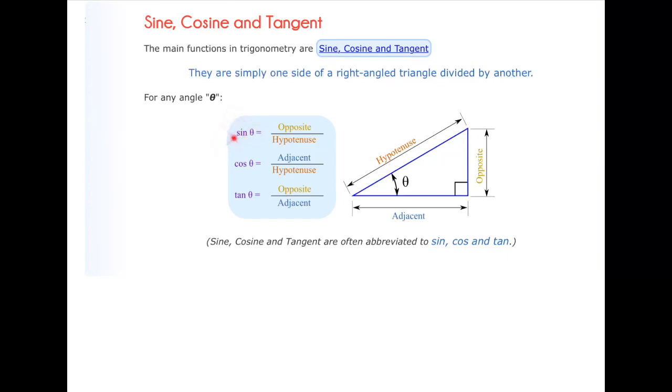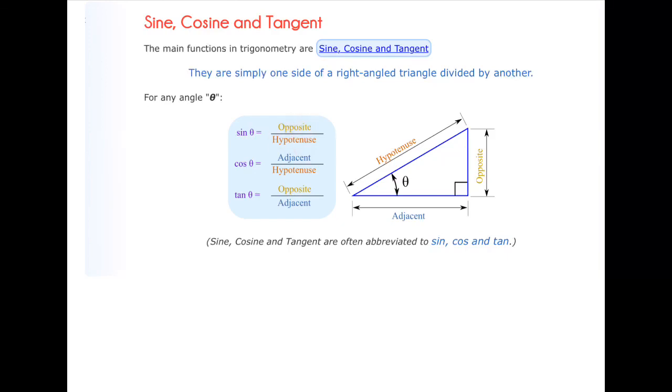So sine of theta, sine of this angle, is defined to be the length of the opposite side divided by the length of the hypotenuse. So sine of theta is opposite over hypotenuse. It's a very important ratio that you should memorize.